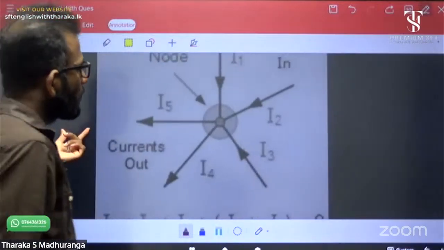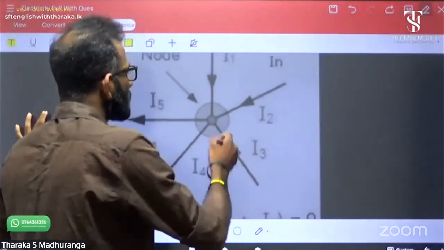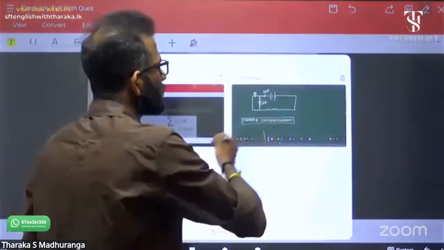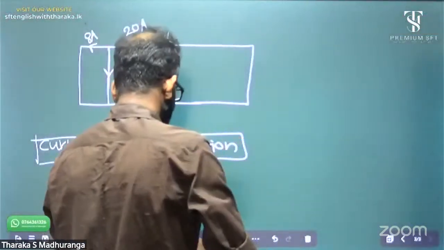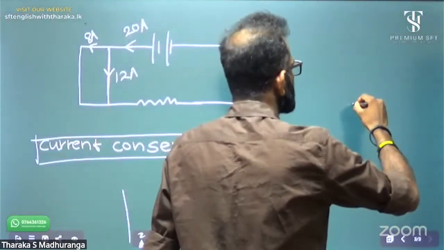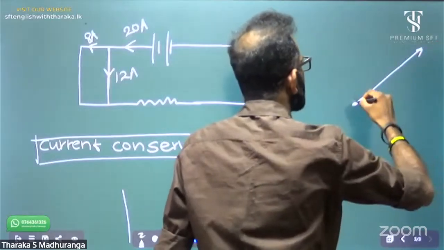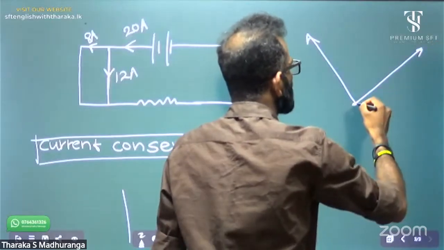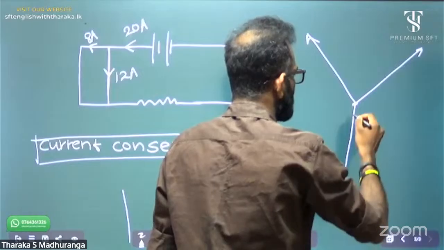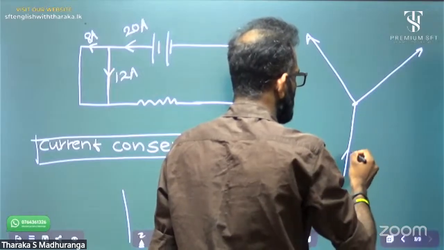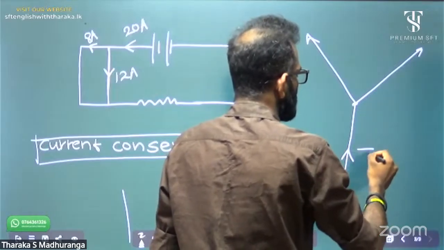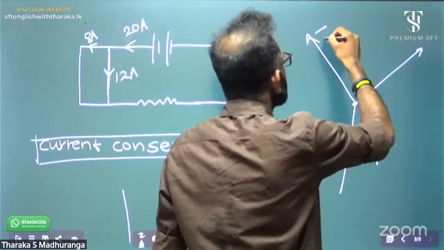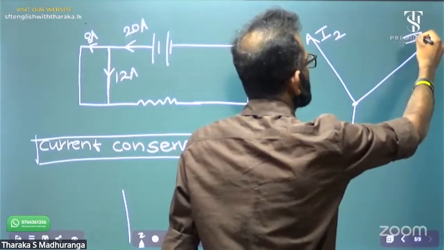Okay, see. Think it is a junction. Think it is I1, I2, and I3.